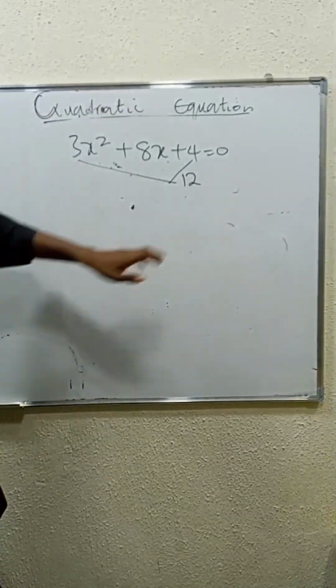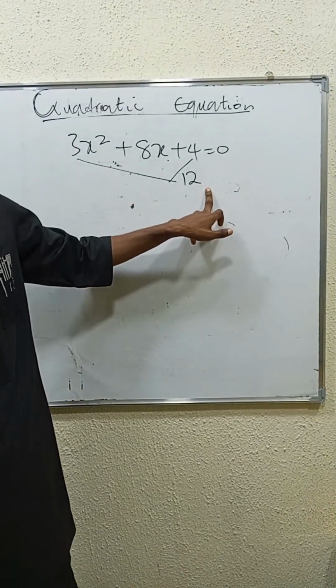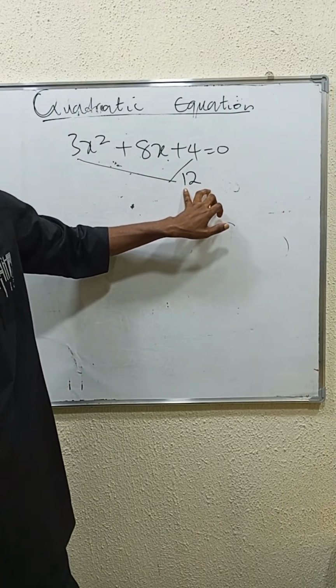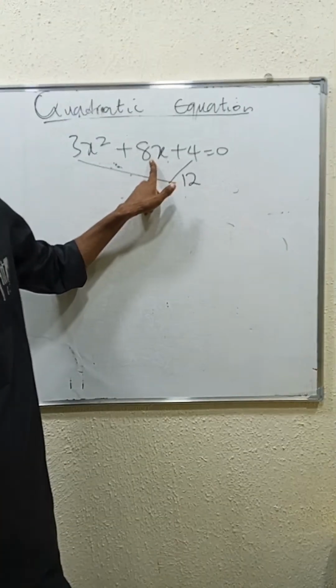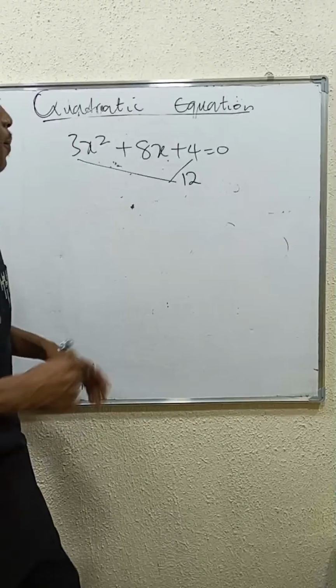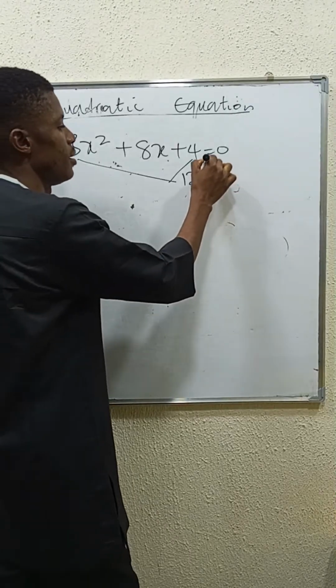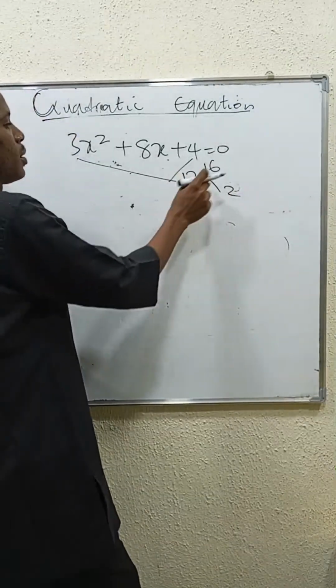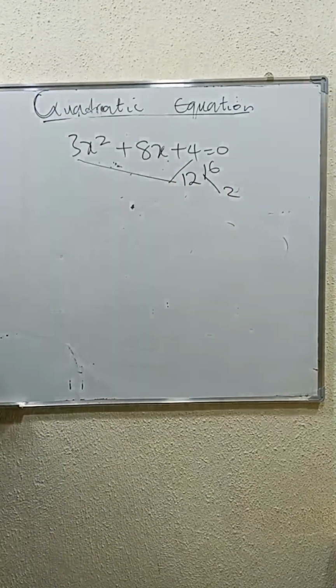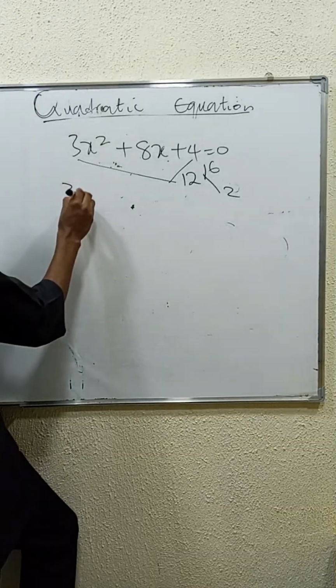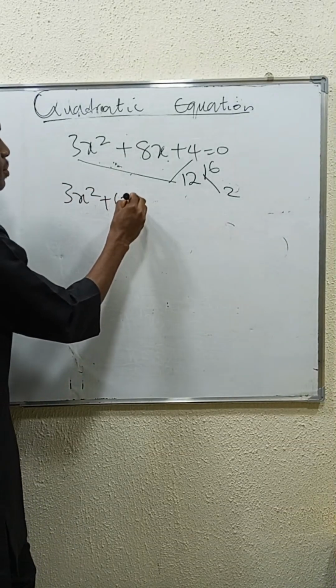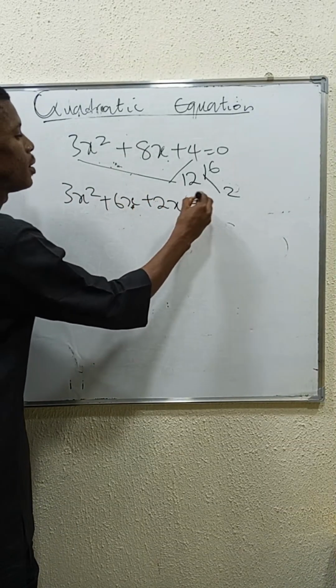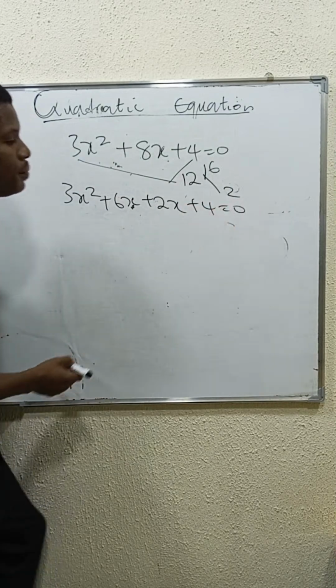So think of the numbers that, when you multiply them, you get 12, but when you add them, you get 8. You see, 6 times 2 is 12, and 6 plus 2 is 8. So we have 3x squared plus 6x plus 2x plus 4 is 0.